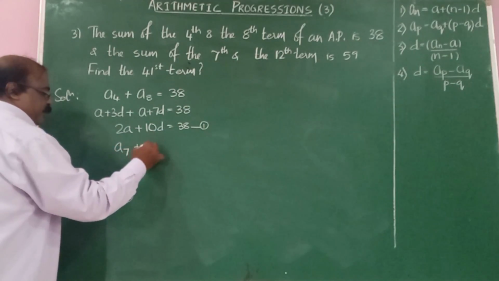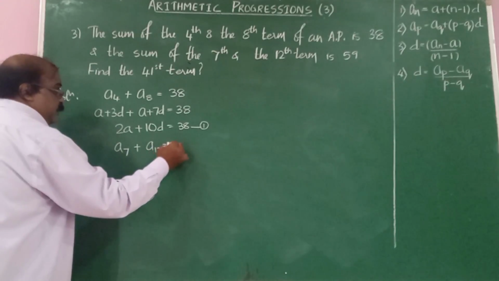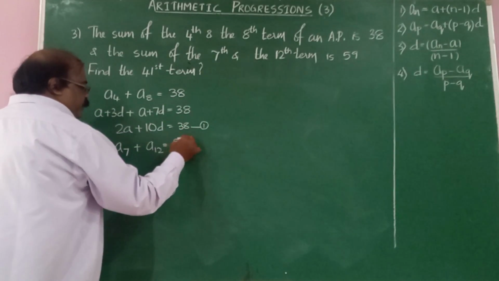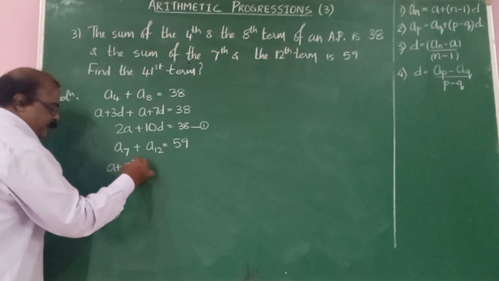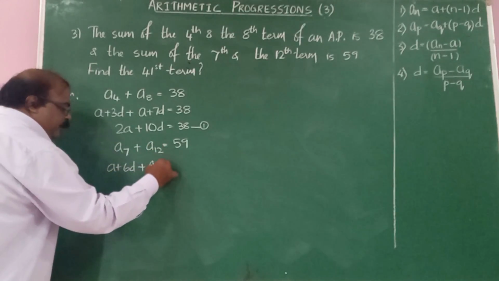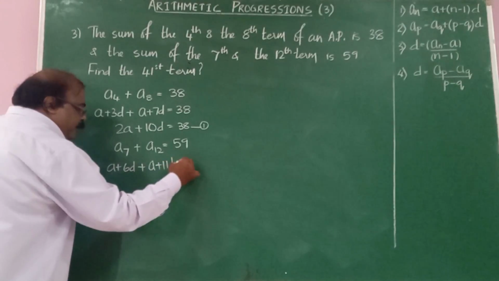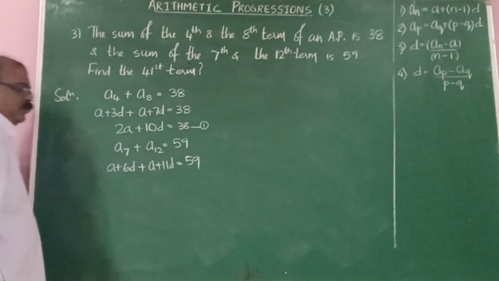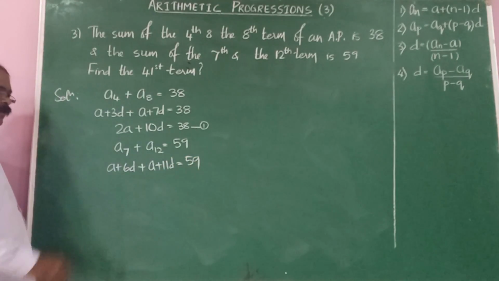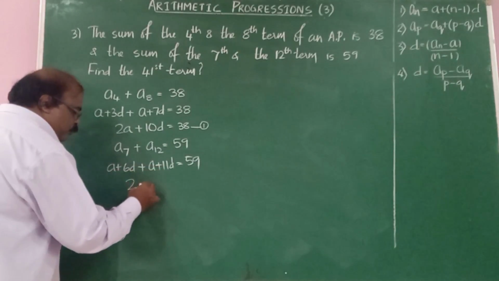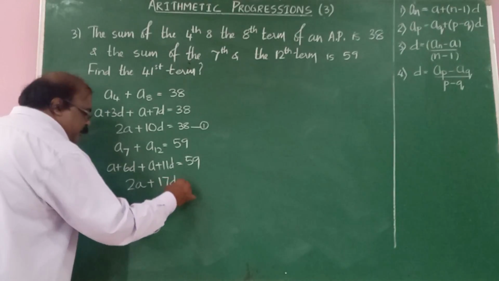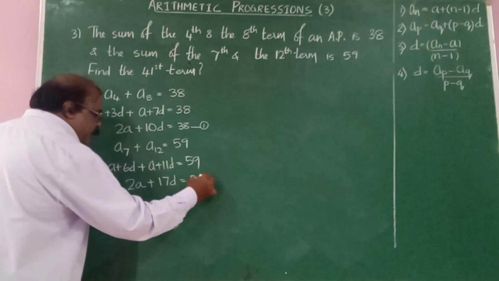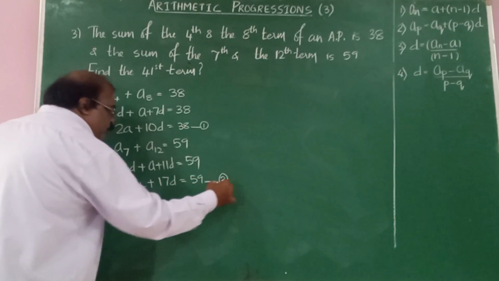The sum of the 7th and the 12th term is 59. 7th term is A plus 6D. 12th term is A plus 11D is equal to 59. 1A plus 1A, 2A, 6D plus 11D, 17D is equal to 59.